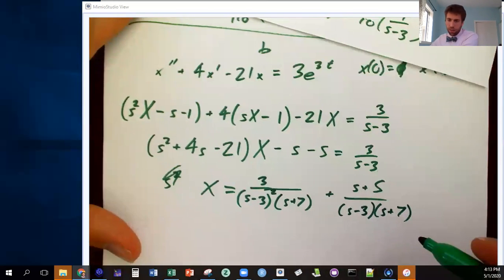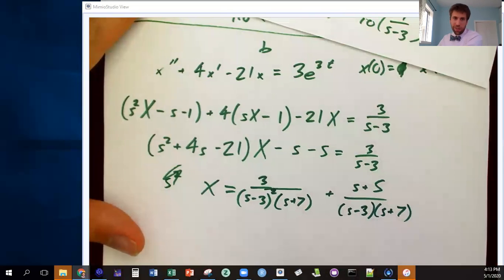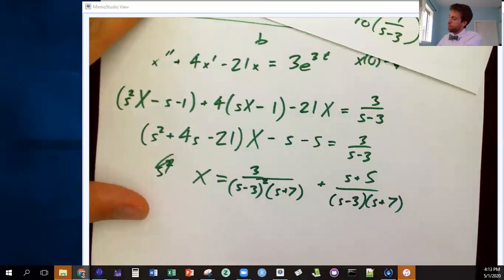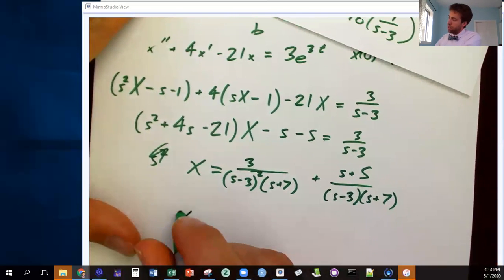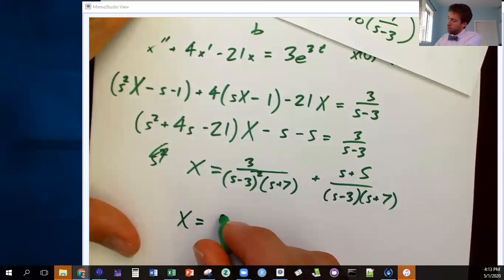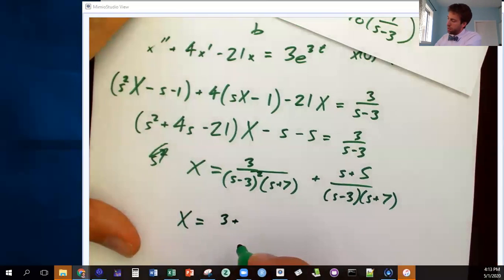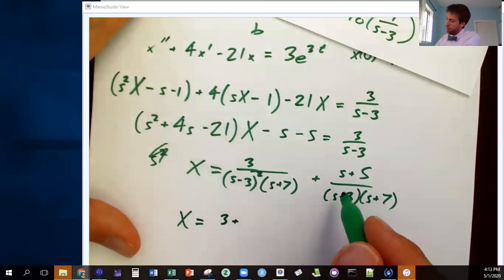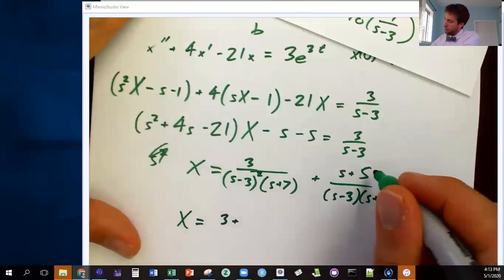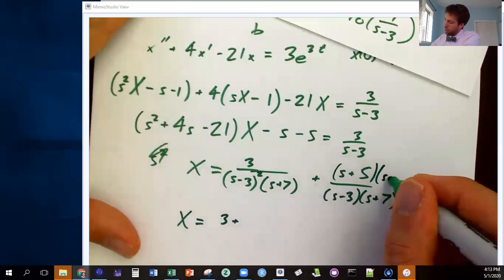Okay, so now we've got to find a common denominator and then do our partial fractions dance, and then we'll be good to go. So X equals 3 plus, basically multiply top and bottom by s minus 3.